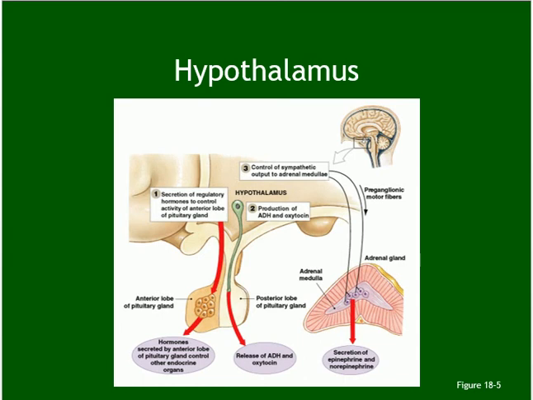The hypothalamus will actually have three different jobs to do. Being the president or the CEO or the highest control of the endocrine system, it is going to secrete regulatory hormones. Regulatory means it can be stimulatory and it can be inhibitory.